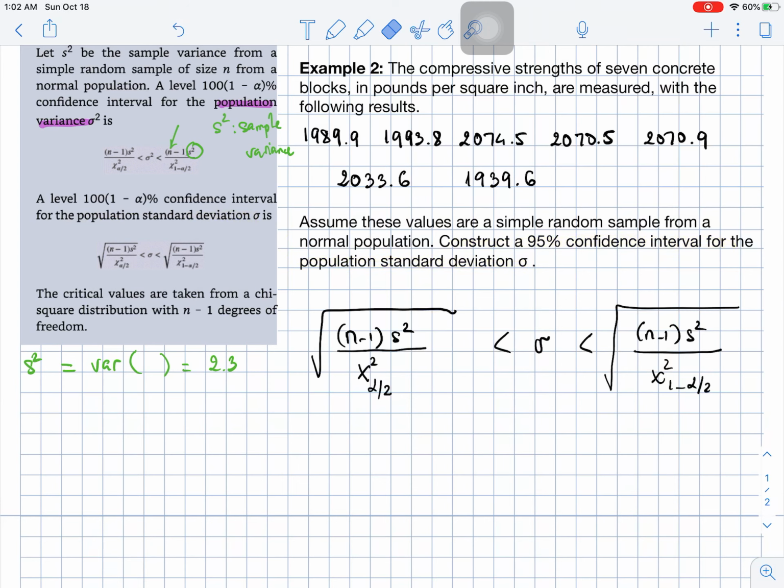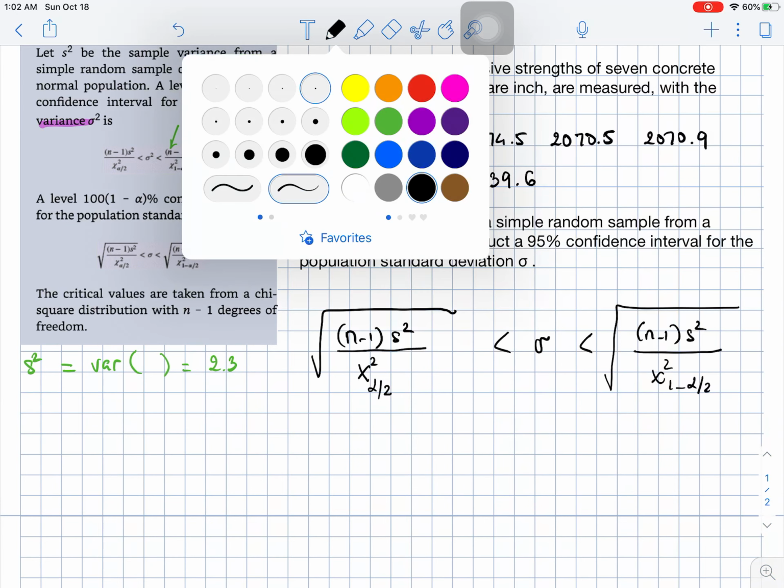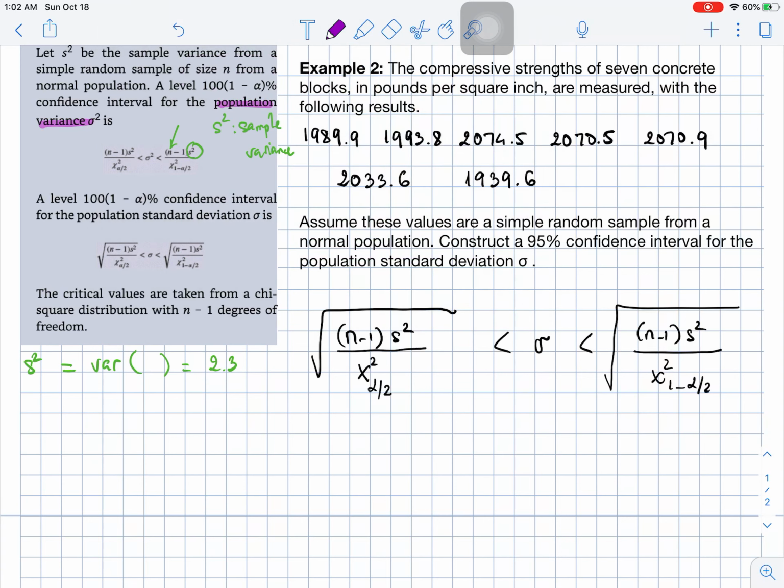Let's copy out the formula. And then n minus 1 times s squared over chi-square of 1 minus alpha divided by 2. We're going to call them chi-square right and chi-square left, which will be easier.